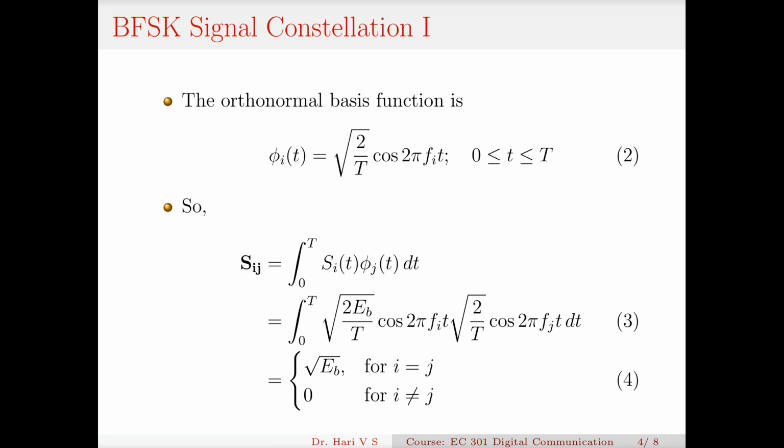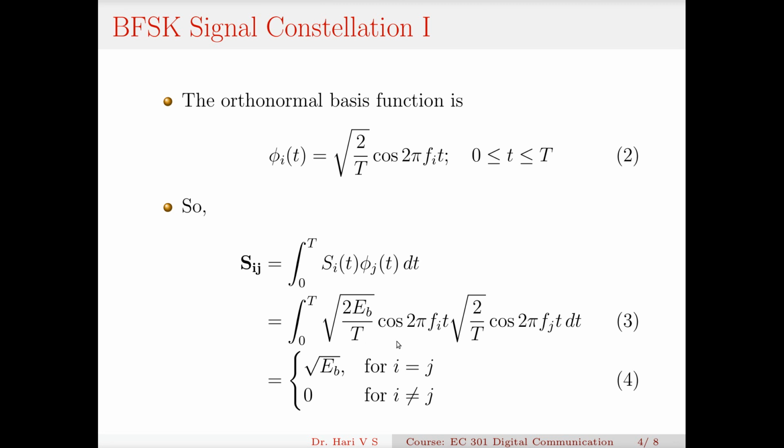So the half becomes half into T. Ultimately this integral becomes T by 2, which cancels 2 by T, and only root E_B remains for i equal to j.